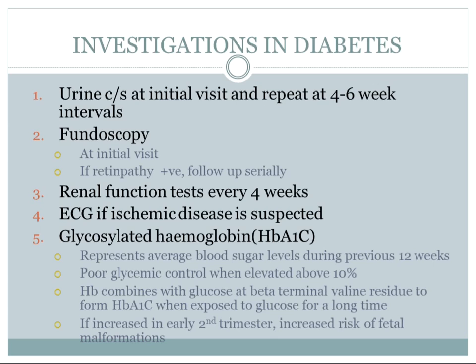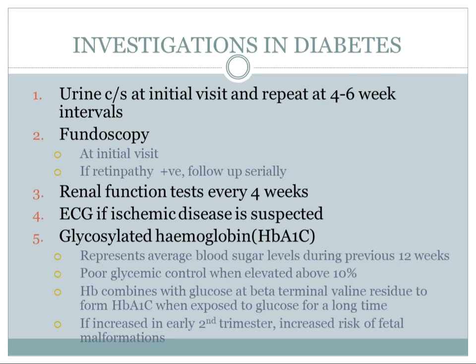Now, what is this glycosylated hemoglobin? It is hemoglobin to which a glucose is attached. Okay. See, in a diabetic patient, what happens is prolonged hyperglycemia is there, which is not treated. So the patient is exposed to high blood glucose levels. And then the hemoglobin is exposed to the high glucose levels.